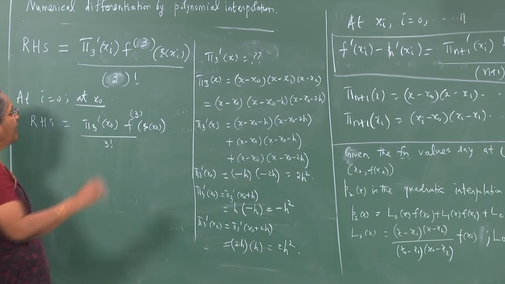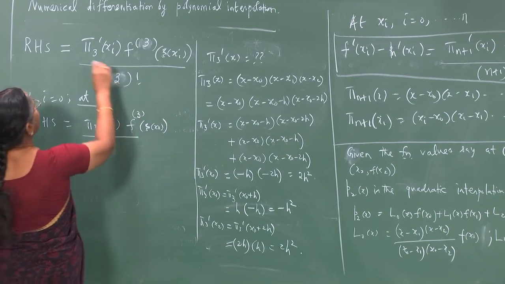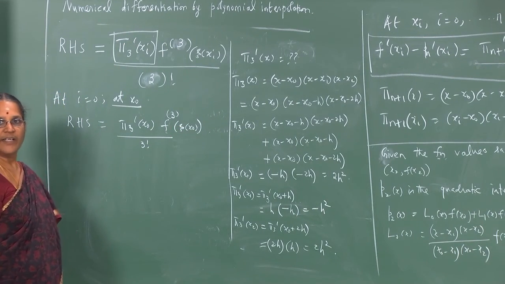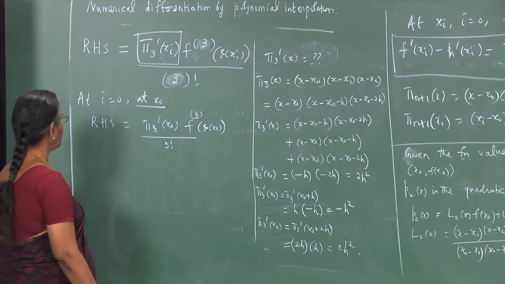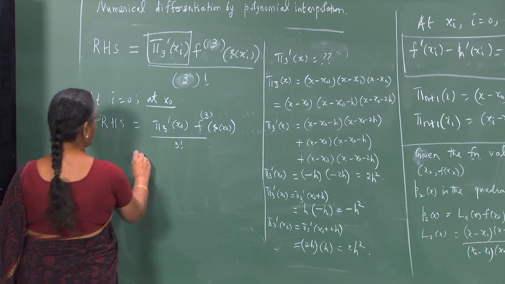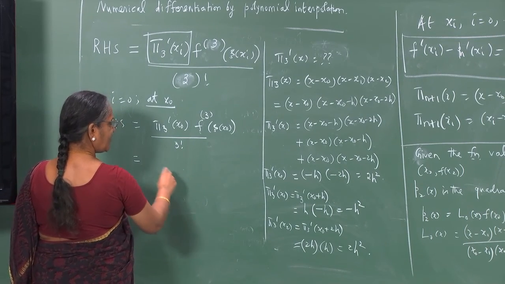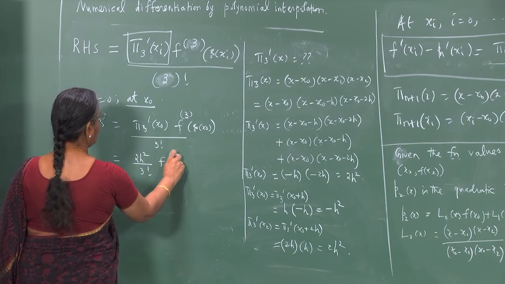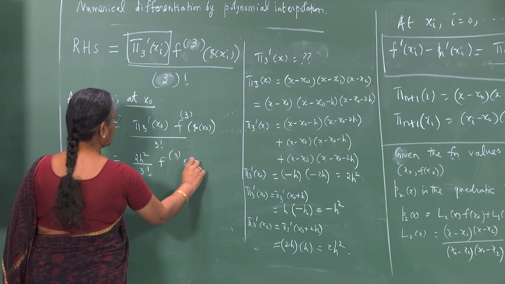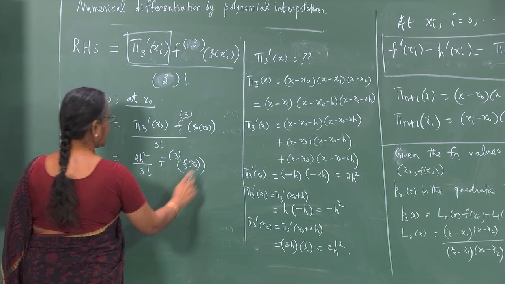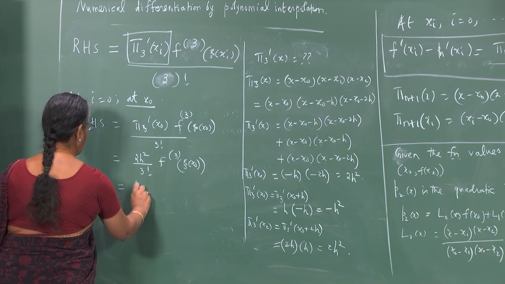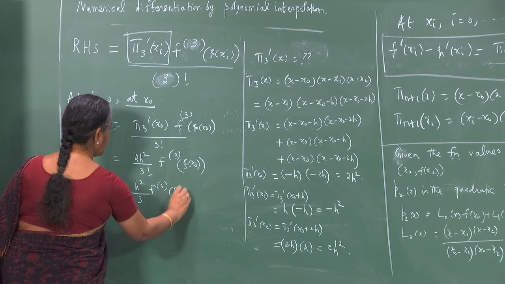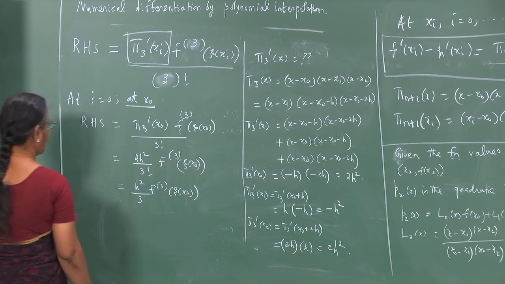So, in the right hand side we have this term, and we have evaluated that term at the 3 nodes x naught, x1, x2. So, we shall now substitute. What is pi 3 dashed of x naught? It is 2h square by 3 factorial into the third derivative evaluated at psi of x naught. So, it is simply h square by 3 into the third derivative psi of x naught.